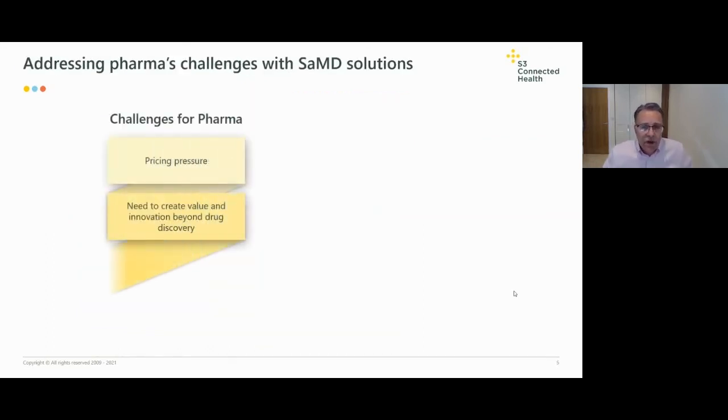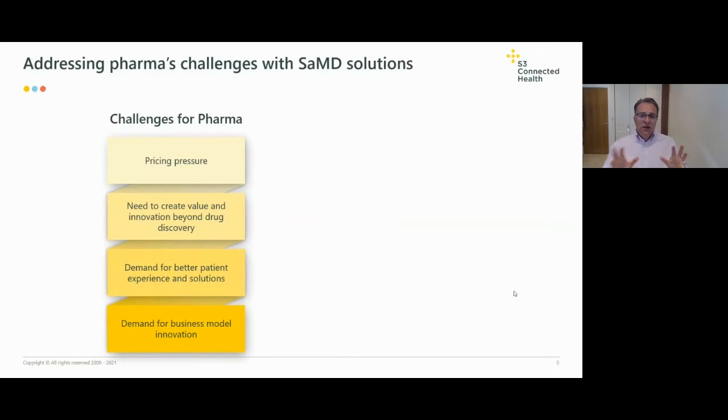So let's have a quick look at how these software as medical device solutions can help address some of pharma's current challenges and why it's becoming increasingly important. So we're all aware of many of the challenges facing the pharma industry, increasing price pressures as healthcare providers and governments struggle with their budgets to meet demand, particularly in a post-COVID world.